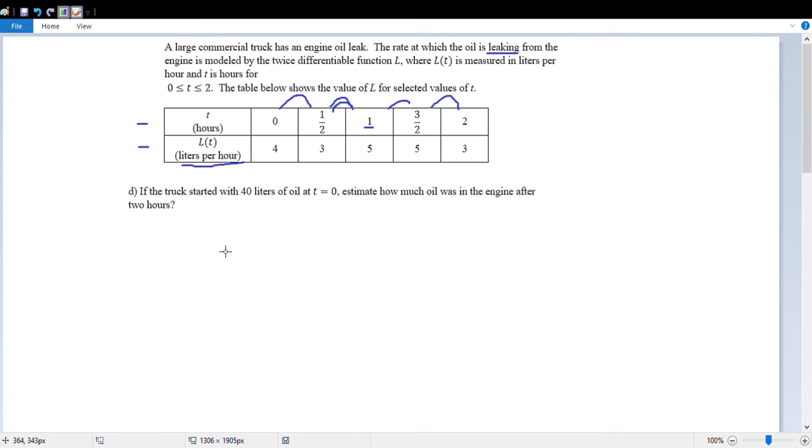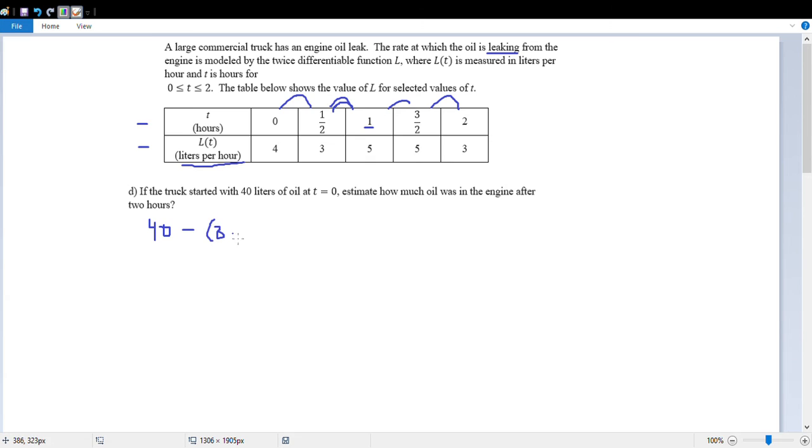Well, we just estimated the total amount of leakage to be 16 liters, was how many liters of oil fell out, right? So if we started with 40, we would just basically copy down what we had on the problem before, which was 3.